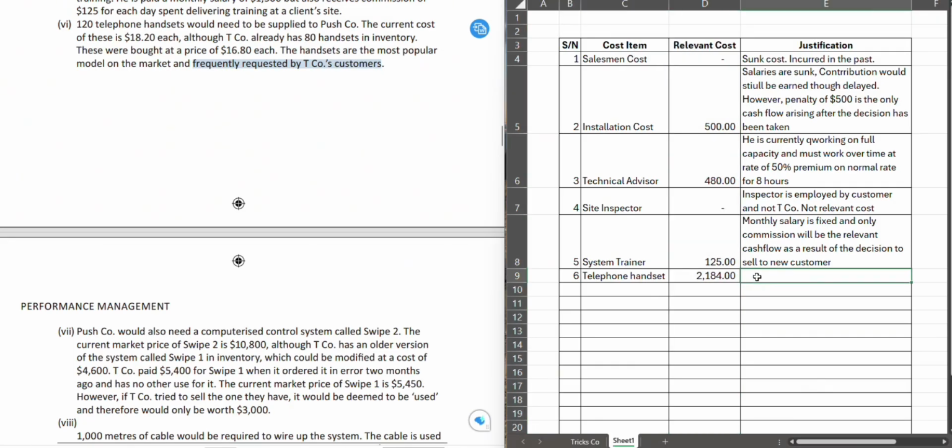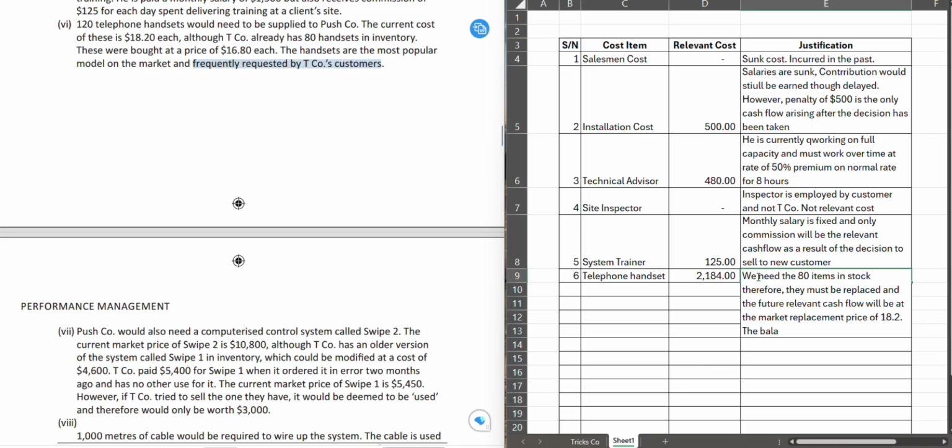So let's put our justification there. Justification is just what I've explained, that we need the 80 items in stock. Therefore, they must be replaced. And the future relevant cash flow will be at the market replacement price, 18.2.